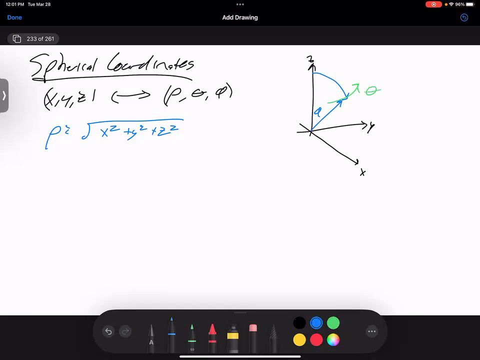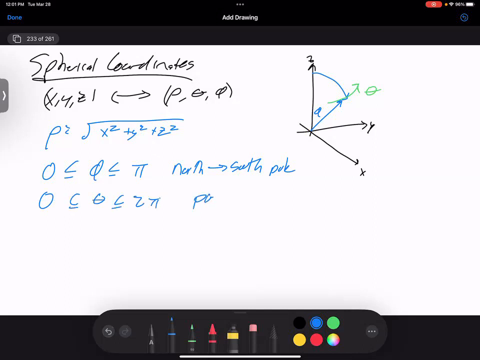And so phi goes from 0 to pi. I go from the North Pole to the South Pole. Theta goes from 0 to 2 pi. This is parallel to the equator. That's a terrible parallel.